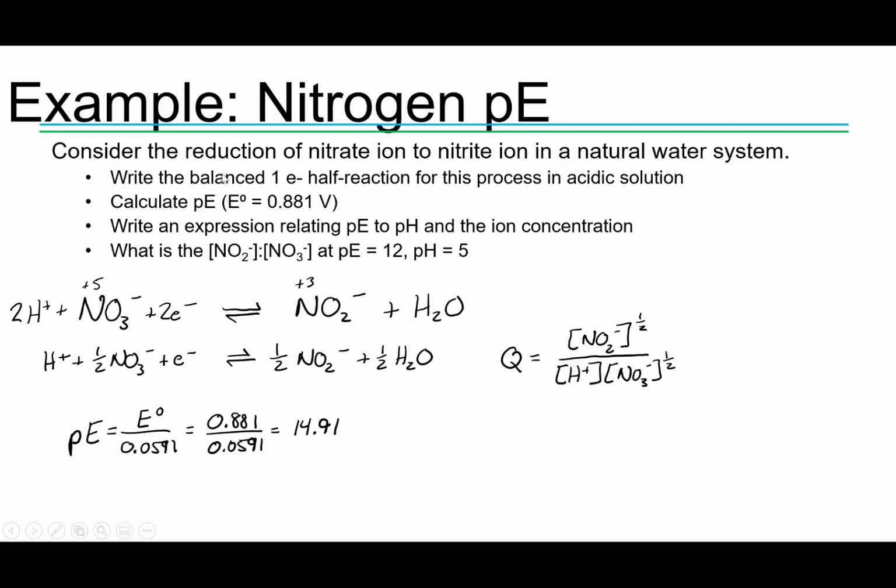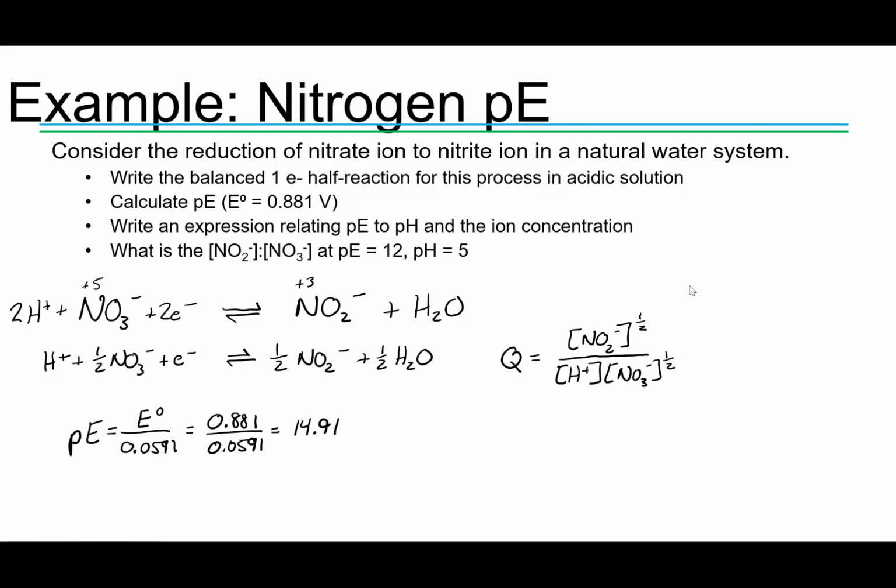We can calculate the pE0 value for the solution by remembering that pE0 is equal to E0 divided by 0.0591, which is equal to 0.881 divided by 0.0591. Please stick the naught back in there on the slide; this is pE0, not pE. 14.91 would be our pE0 for this nitrate-nitrite solution.